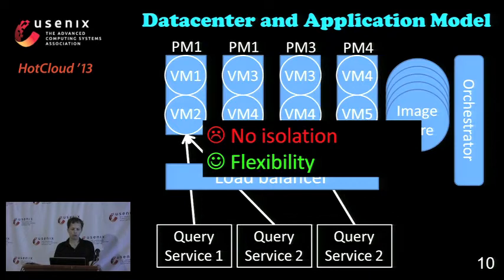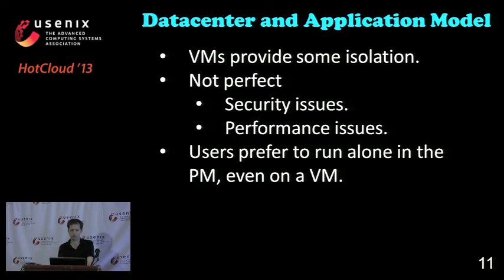These are not yet, and not always, handled perfectly by the hypervisor. So clients are sometimes reluctant to run together with other services, and especially with other services of other customers that may have different standards for security. They prefer to run alone. They want their virtual machine to run alone on a physical machine.